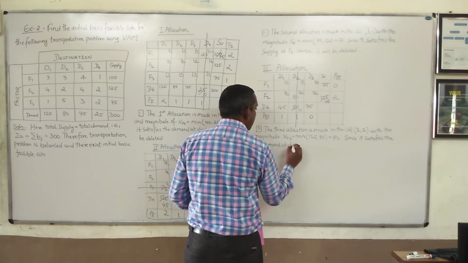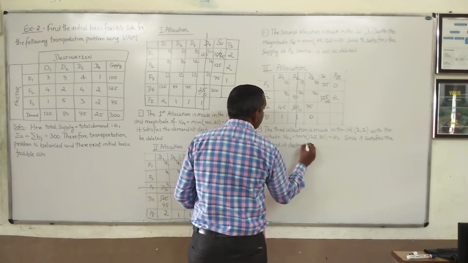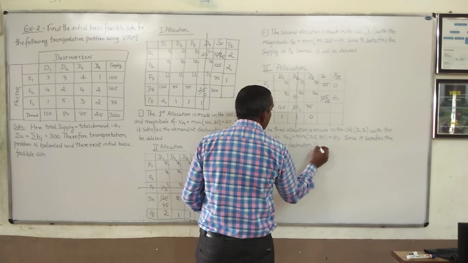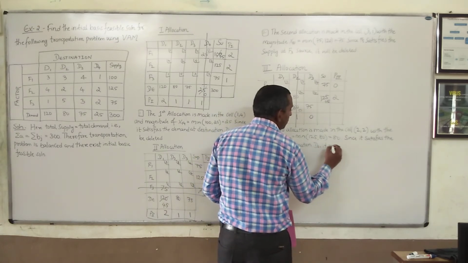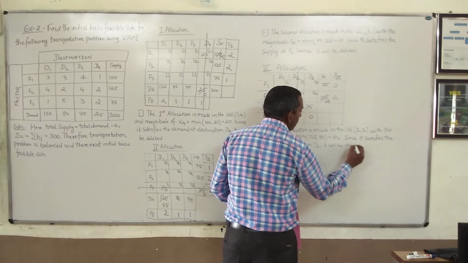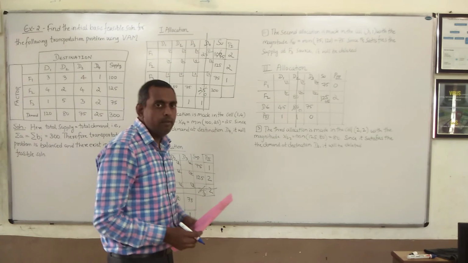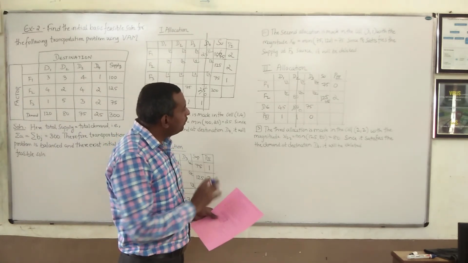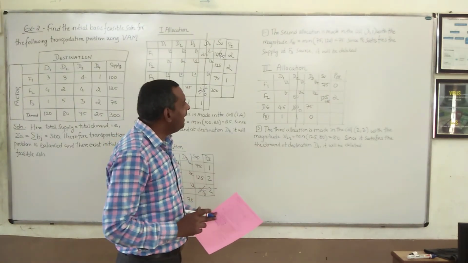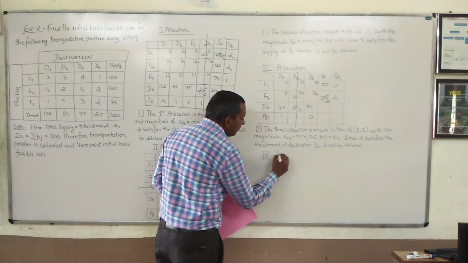It will be deleted. Fine. So we have deleted this one. Fine. So what happens here? Once we delete this one, go for the next allocation, that is fourth allocation.